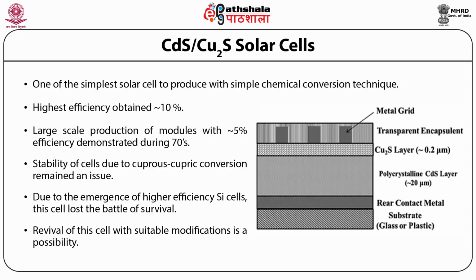Some of the disadvantages of cadmium sulfide copper sulfide cells are low efficiency compared to silicon solar cells, deterioration due to moisture and air, and cadmium is also quite toxic and is not abundantly available.